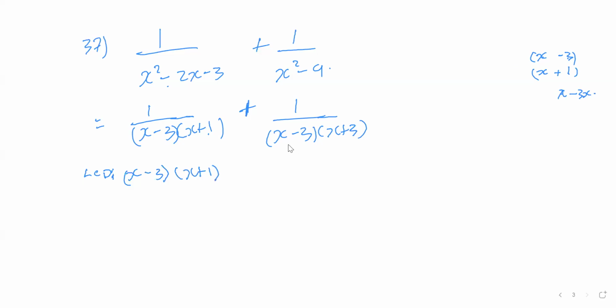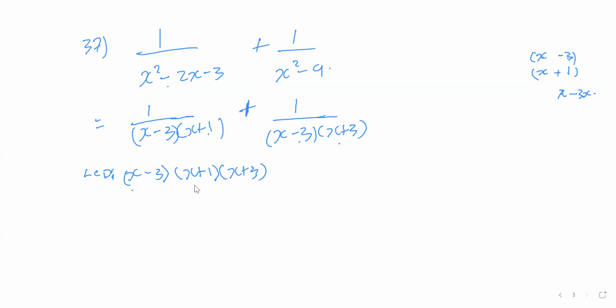Then I move to the next one, x minus 3. I look into my LCD, I already have x minus 3, so I don't include it again, without repetitions. Then I move to the next one, x plus 3. I look at my LCD, I have not had x plus 3 yet, so I include it, okay?